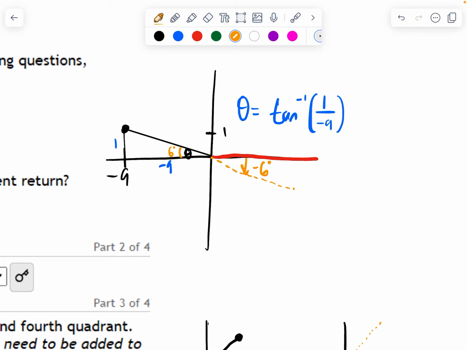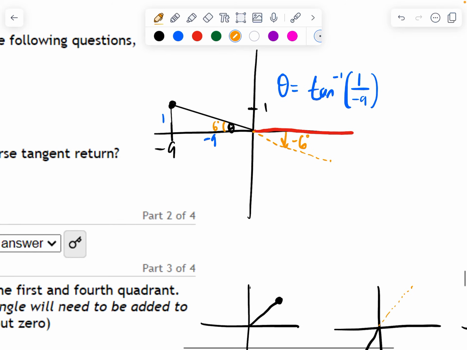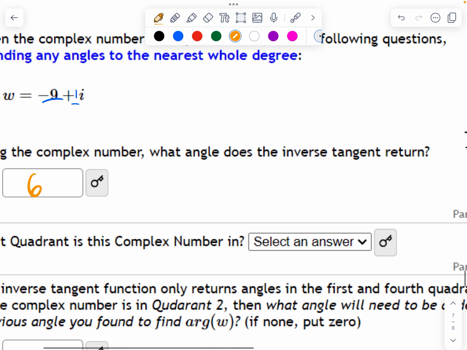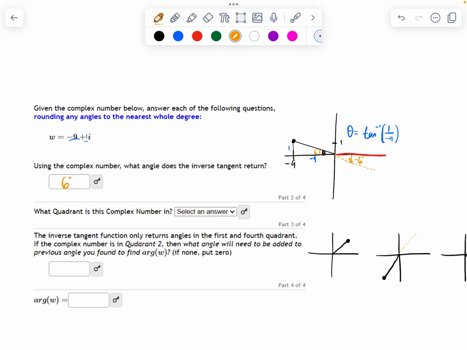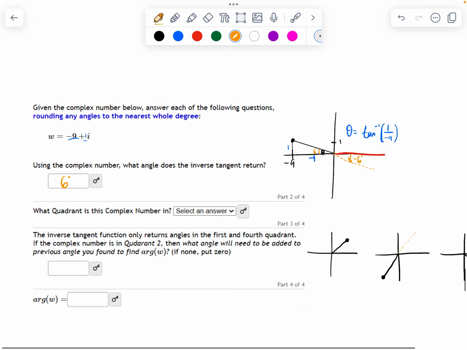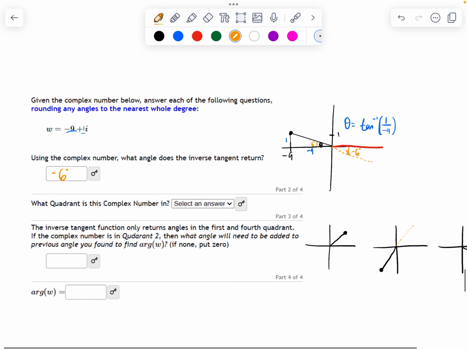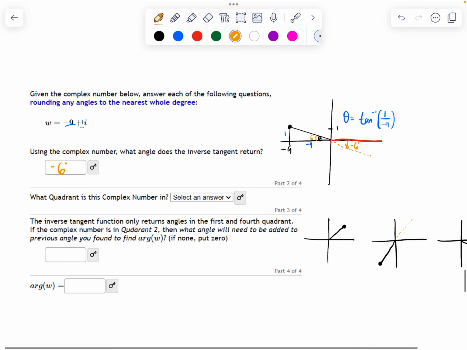So that's what it's looking for in the first plane, because it's saying, what is the angle you get back? That's negative 6 degrees. It literally returns us back negative 6. Then it says, what quadrant are we in? Well, if you graph it, we're in quadrant 2. Now, inverse tangent, this is kind of a heads up, will only return answers in your first or fourth quadrant.